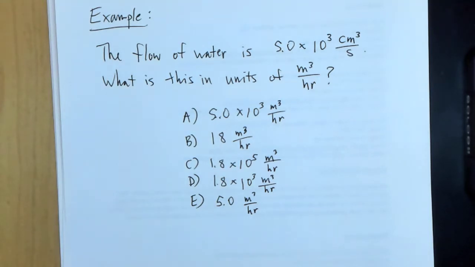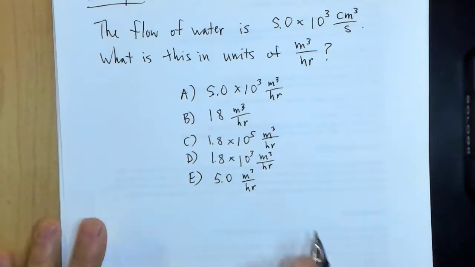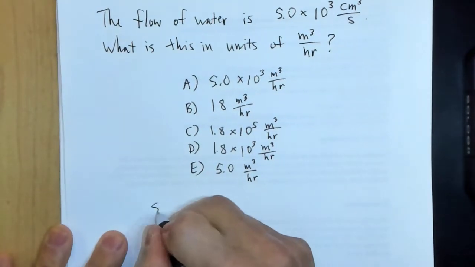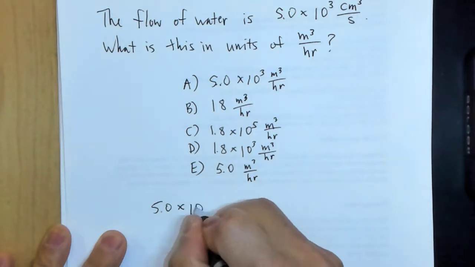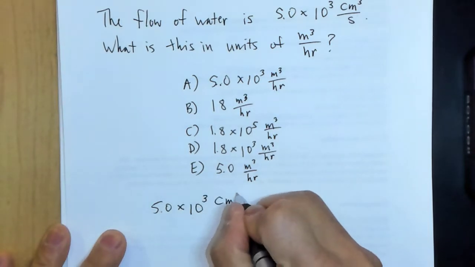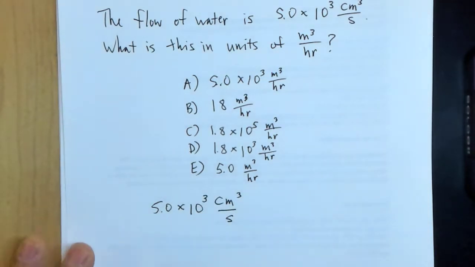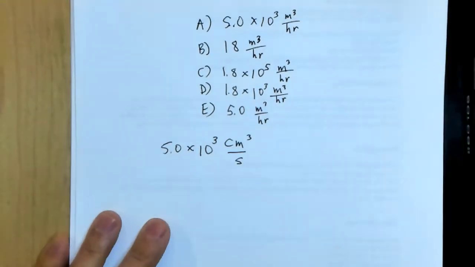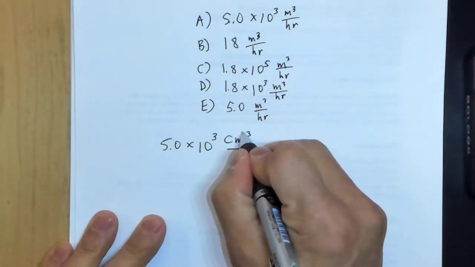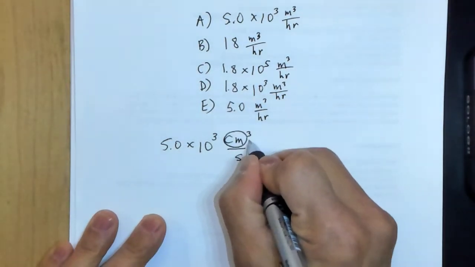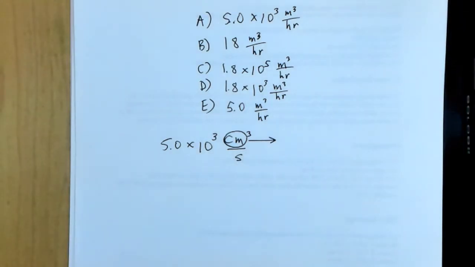Okay, that's way too low. Okay, I'll just do it like this. Okay, so we have 5.0 times 10 to the third centimeters cubed divided by seconds. If I'm going to use the substitution method, I would say, okay, I have the centimeters that's being cubed, so think of that as something raised to the third power.